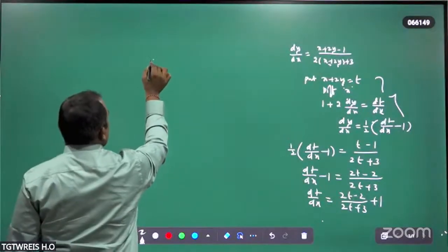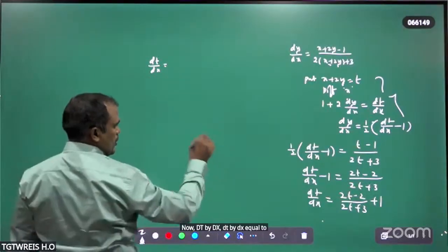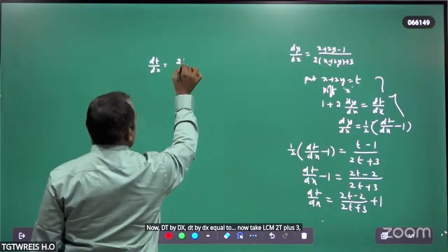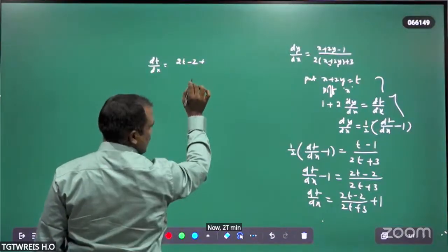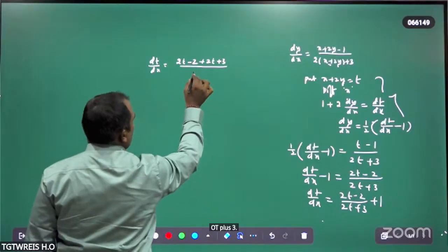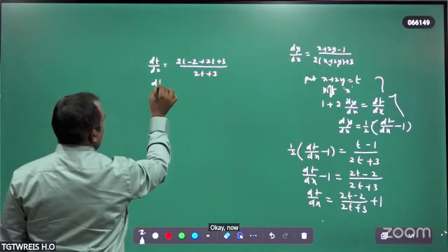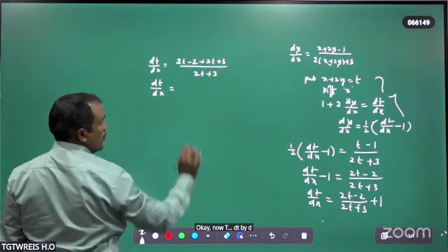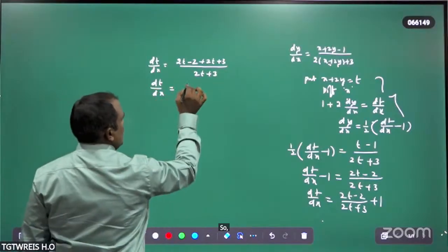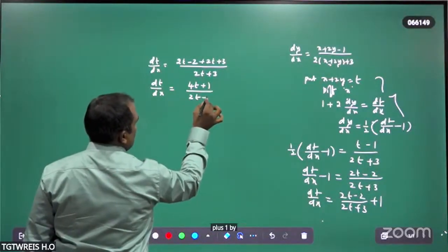Now dt by dx equal to, now take LCM 2t plus 3. Now 2t minus 2 plus 2t plus 3 by 2t plus 3. Okay. Now dt by dx equal to, 2t plus 2t is nothing but 4t plus 1 by 2t plus 3.